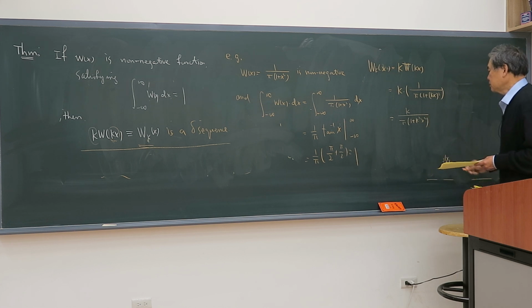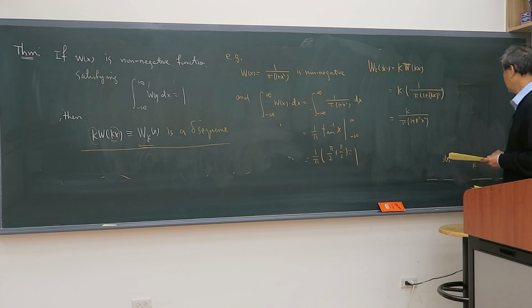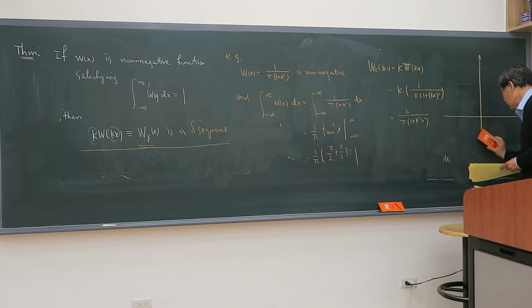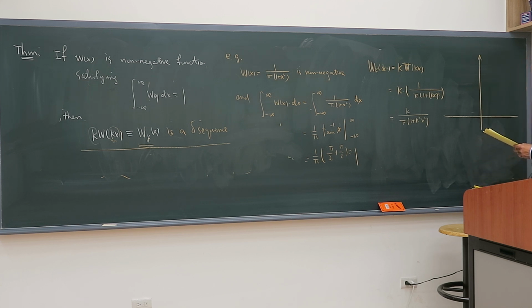If you plot this function, this is 0. You can try some values; this is called the k1 value.